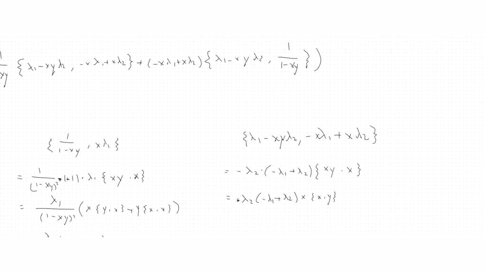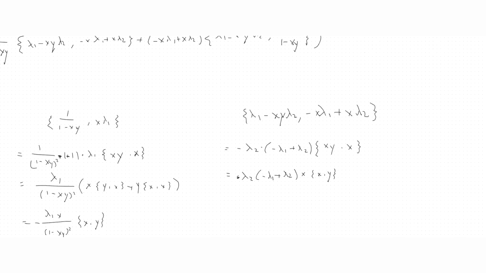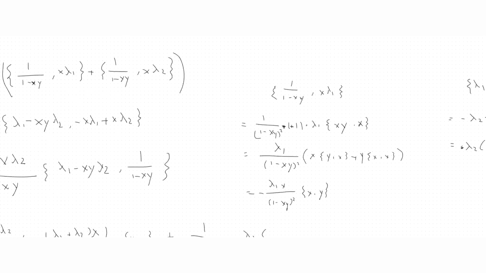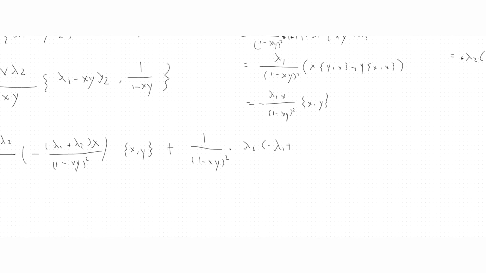So this is plus 1 minus xy squared times lambda 2 minus lambda 1 plus lambda 2 x y.